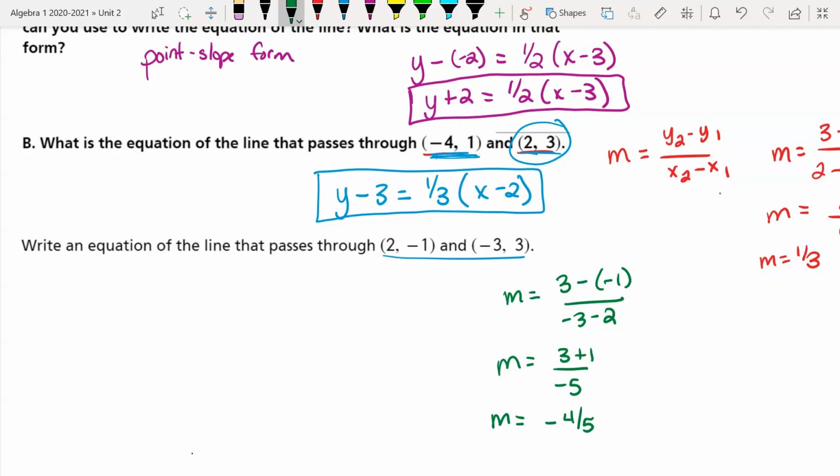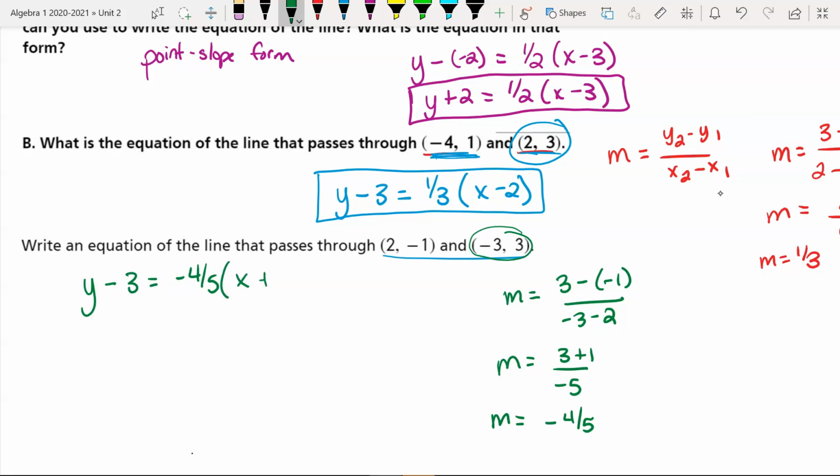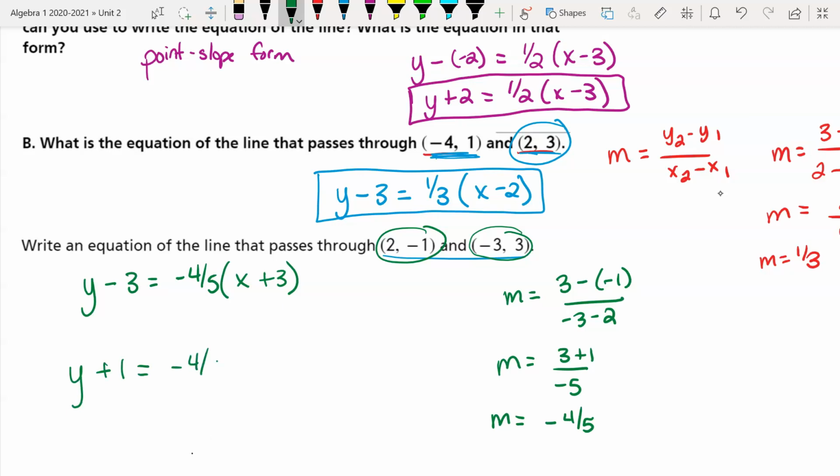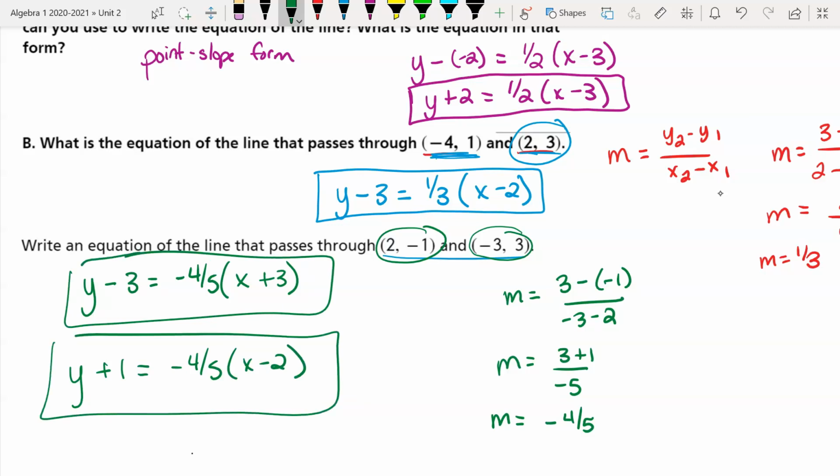Okay, again, it doesn't matter which point you use. I'm going to use the one on the right. So I get y minus 3 equals -4/5 times x minus a negative, which is going to turn into plus 3. If you use this one, okay, your slope's not going to change, but it's going to be y plus 1 equals -4/5 times x minus 2. So either answer works in point slope form.